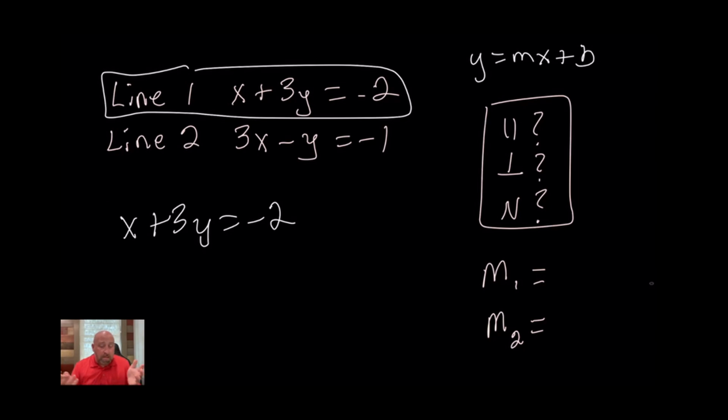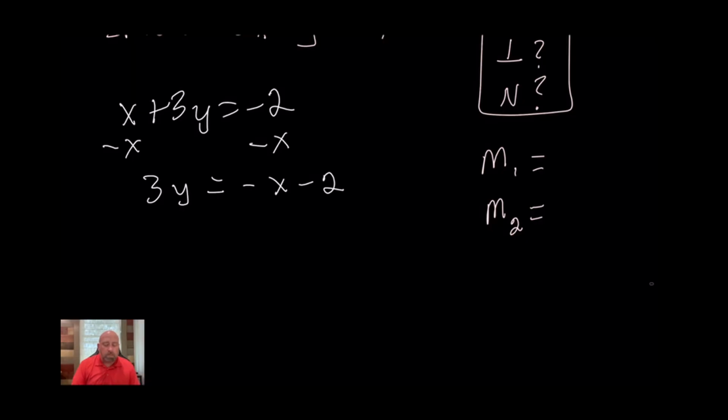This is a previous lesson again. We want to get the y by itself, so we need to move the x to the other side. So subtract x from both sides, and we get 3y equals minus x minus 2. Okay, now we're getting close, but now we need to divide everything by 3.